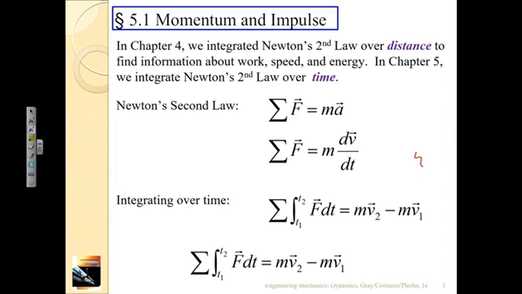But then I had the work done between states 1 and 2. Well, the work is kind of my analog to my impulse. Instead of force integrated with respect to its displacement, now we've got force integrated with respect to time. It's equal to mass times our velocity at state 2. So we call this the momentum impulse principle.